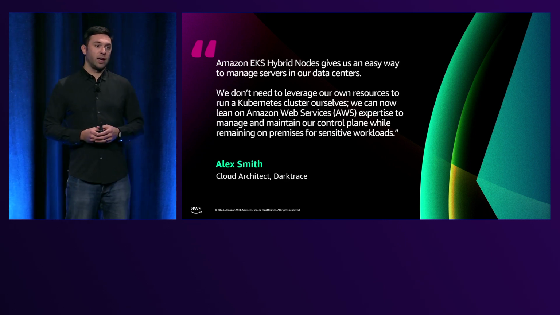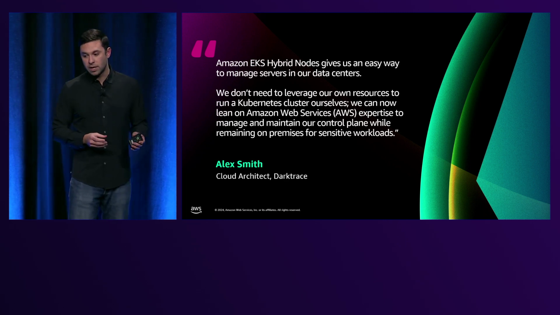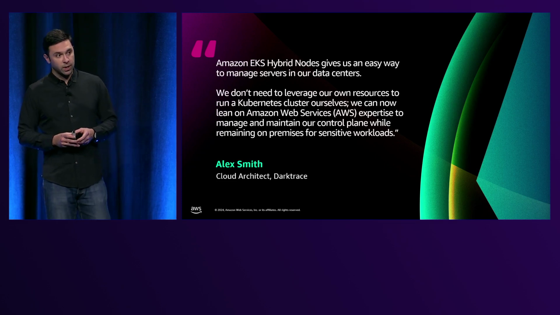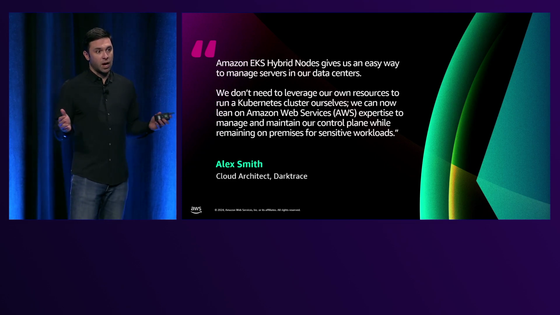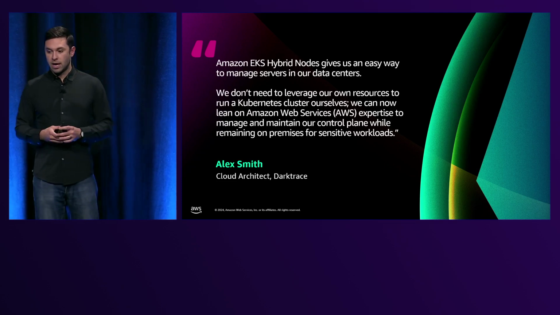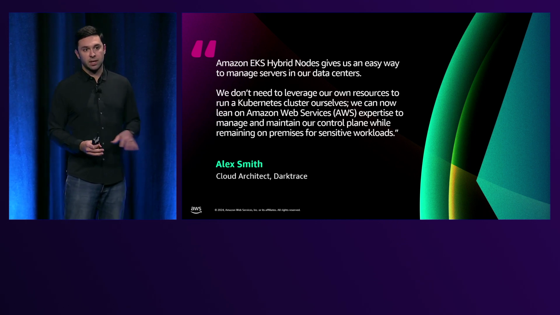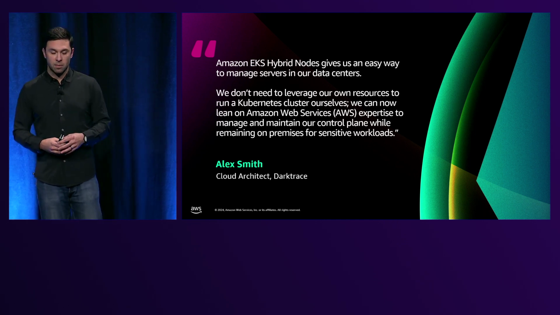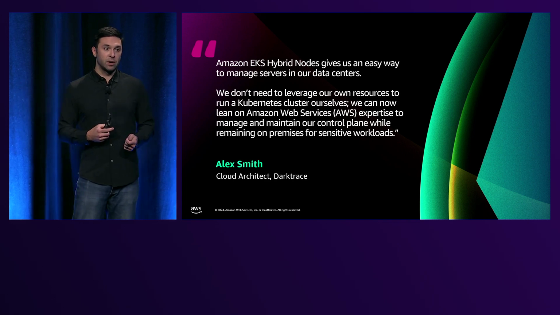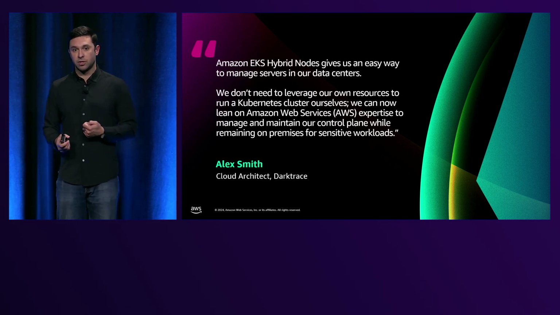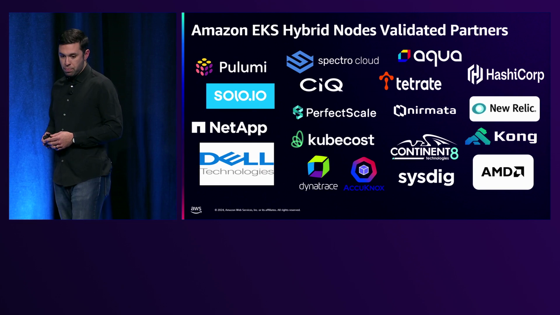Instead of creating a cross-site, self-managed Kubernetes cluster with homegrown tooling, Darktrace decided to use hybrid nodes. And hybrid nodes enabled them to unify how they were managing Kubernetes across their different sites and across the cloud and on-premises environments, which for them drove higher availability, scalability, and efficiency for their teams.